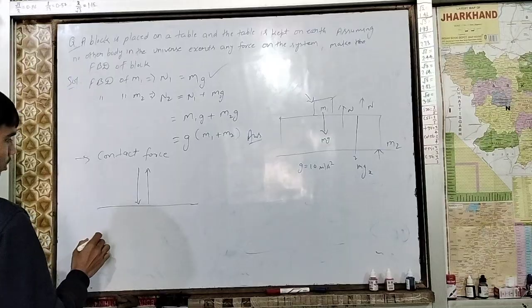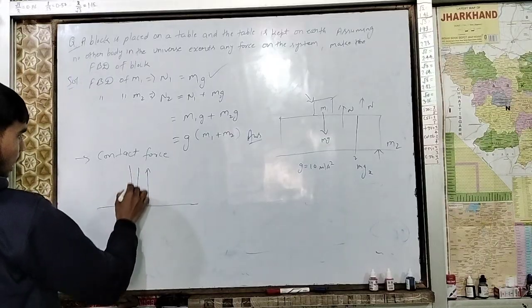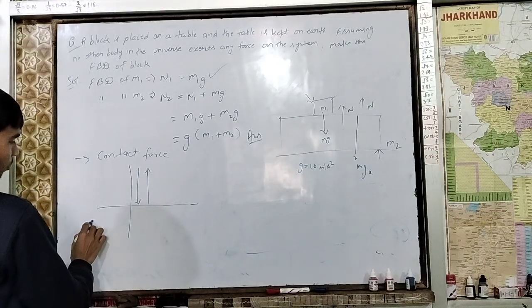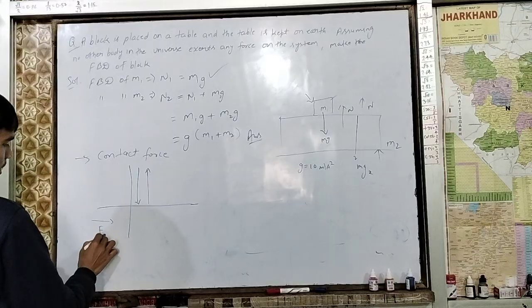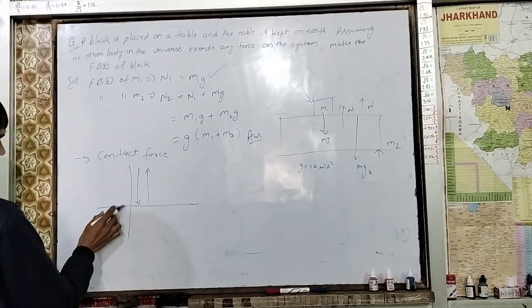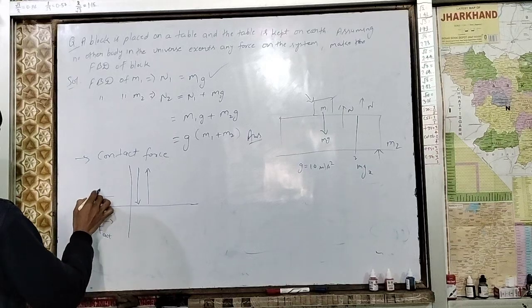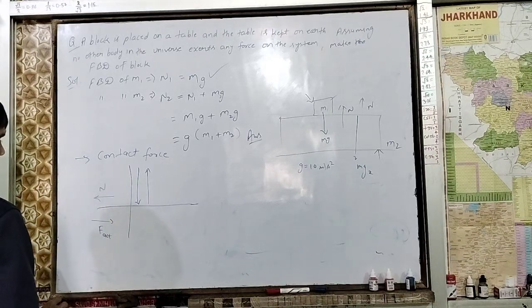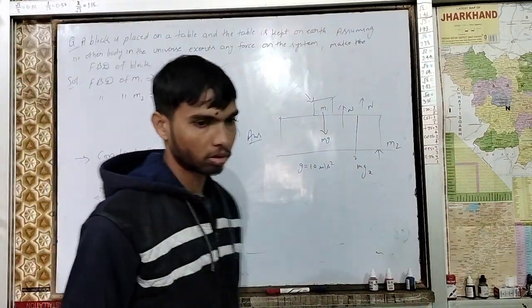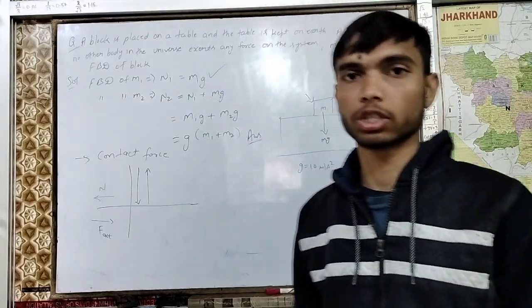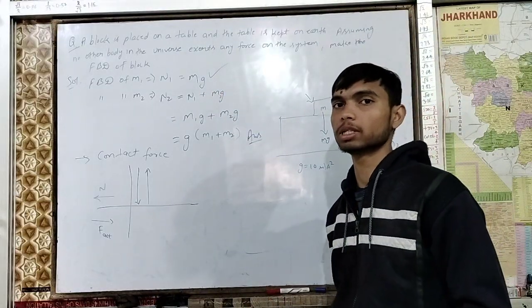If the body is like this and the acting force is in this direction, then just opposite of this acting force will be our normal reaction or contact force. Normal reaction comes from Newton's third law.